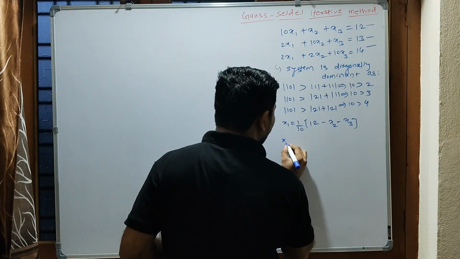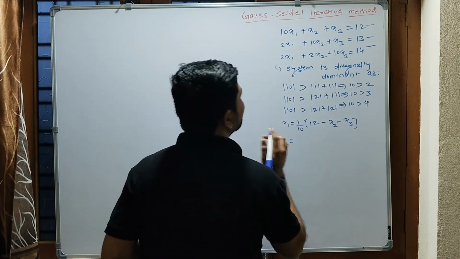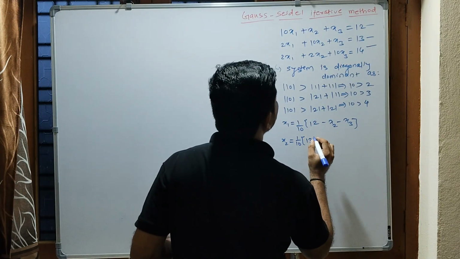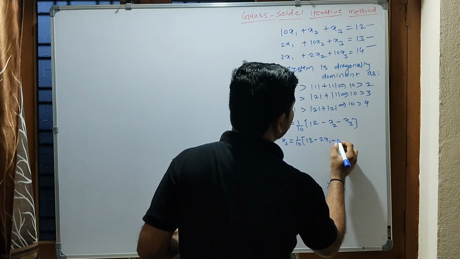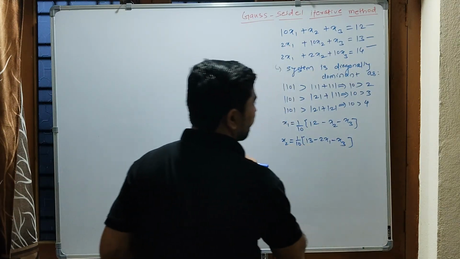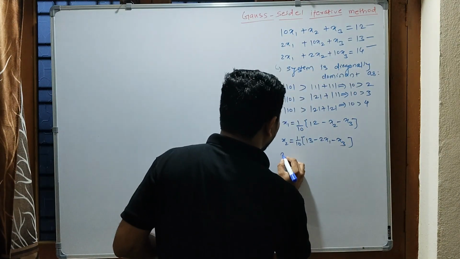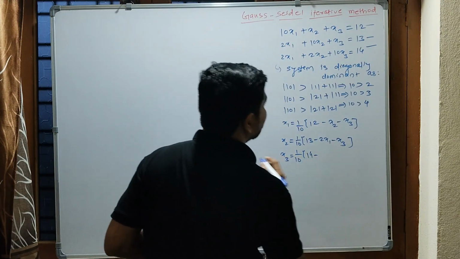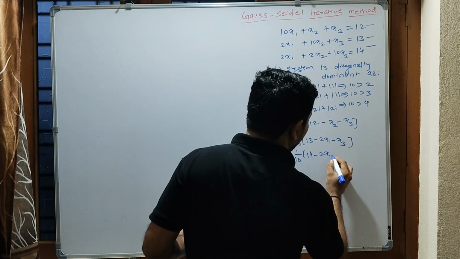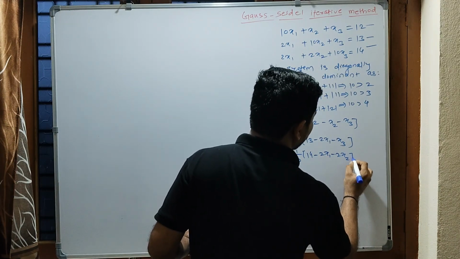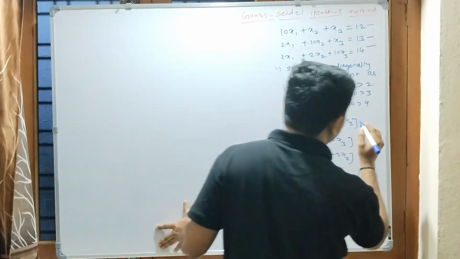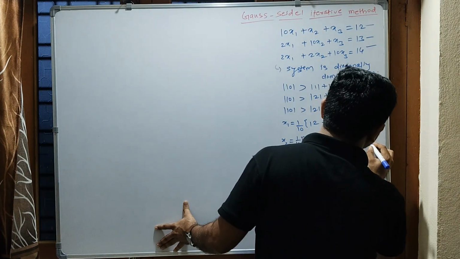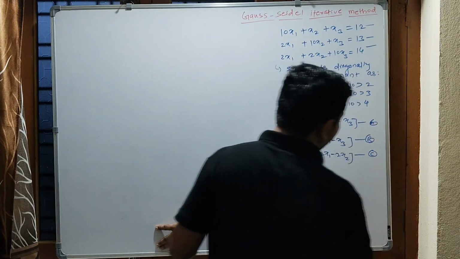In terms of x2, with the help of equation 2, x2 equals 1 by 10 times 13 minus 2 times x1 minus x3, and with equation 3, x3 equals 1 by 10 times 14 minus 2 times x1 minus 2 times x2. Let's call these A, B and C.